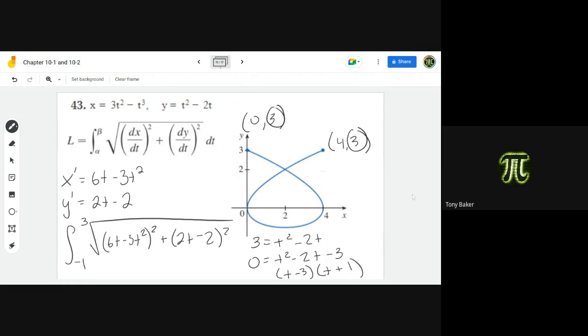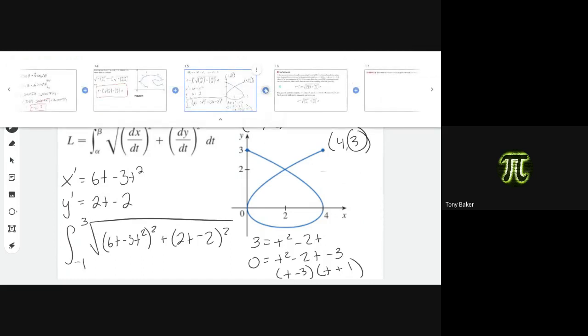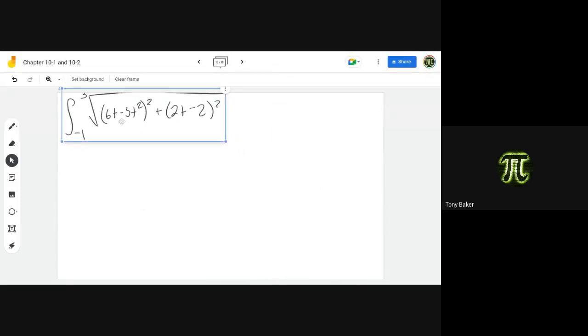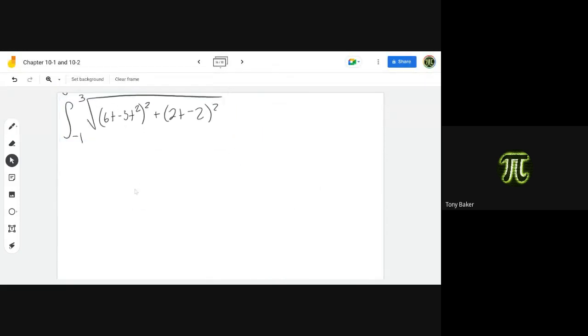All right, so now let's find the integral. What do I got to do first? Well, I got to clean up the inside before I do the outside, right? So we're going to do a bunch of algebra.